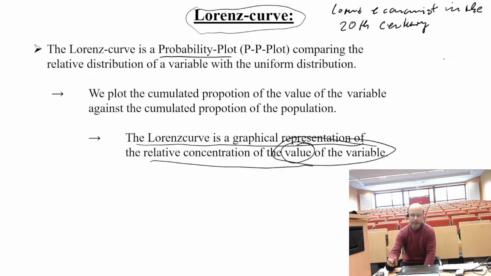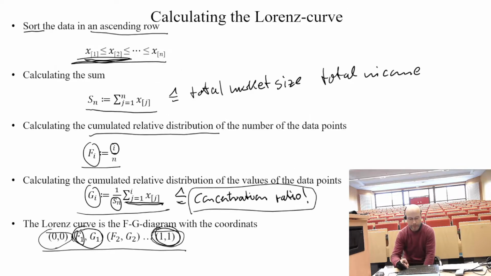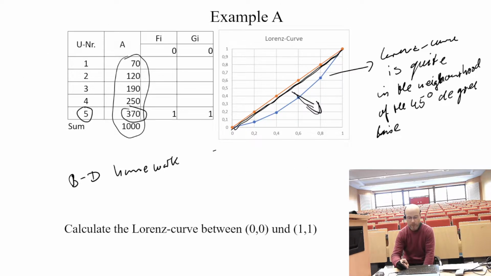And then we started with a larger topic in the area of inequality measures, where we introduced the so-called Lorenz curve, where we compare the straight line between 0 and 1, which represents the uniform distribution.